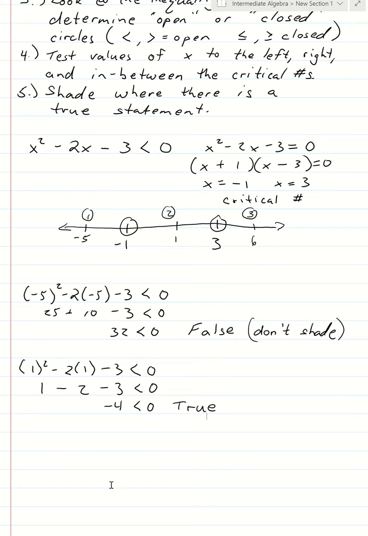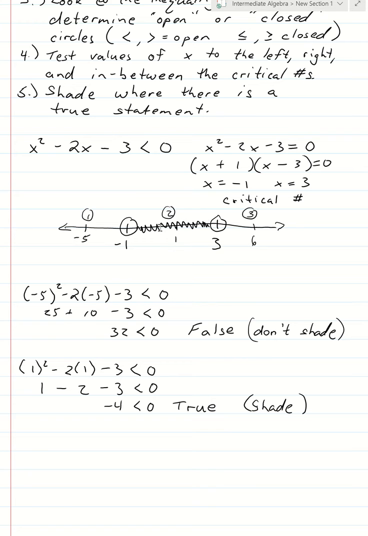And since 1 made a true statement when we plugged it into the original inequality, that means you are going to shade in that region. So not only would 1 work, but any other number in between negative 1 and 3 would also work.